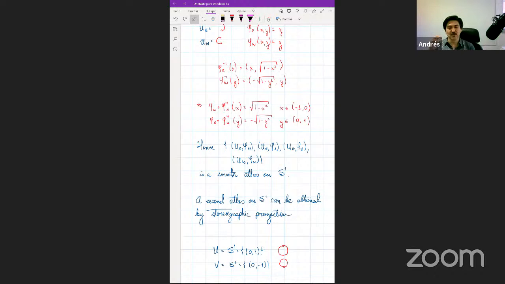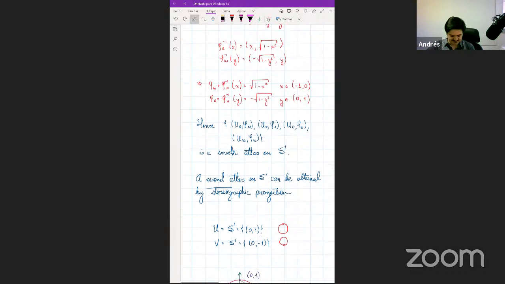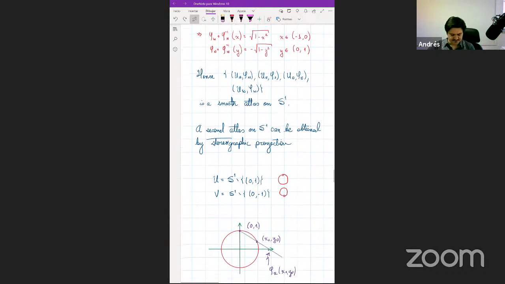So we are going to do stereographic projection from the North Pole and the South. So I take U to be the entire circle without the North Pole. And so this point is assigned this one under the projection.